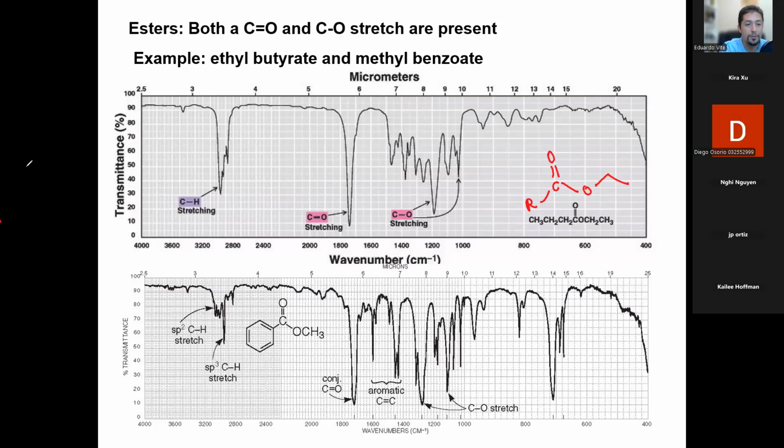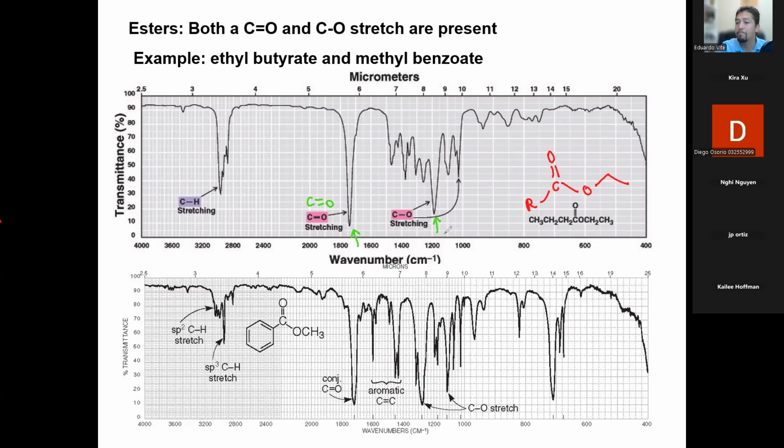And sure enough, I'm going to use the color green. At 1700 or so, you have your carbonyl, carbon double bond oxygen, right there. Very strong, sharp peak. And I just told you that at around 1100 we should see a strong carbon-oxygen single bond. In this case, it moves up a little bit. It is at 1200, but notice it is the strongest out of the whole group. That's how you know it's that specific one.